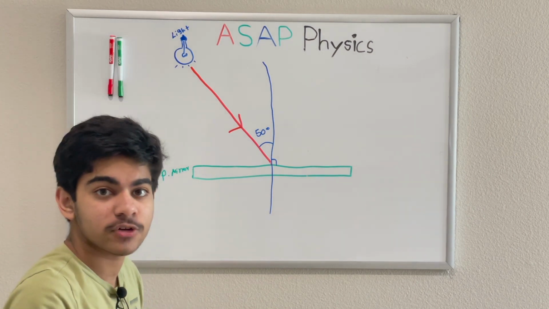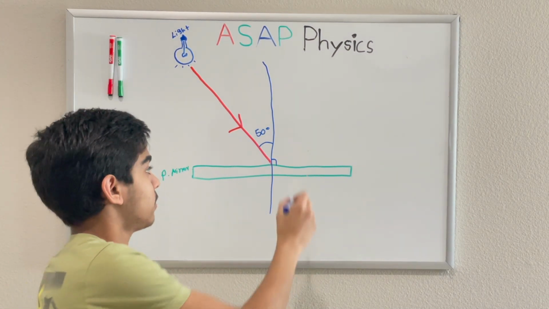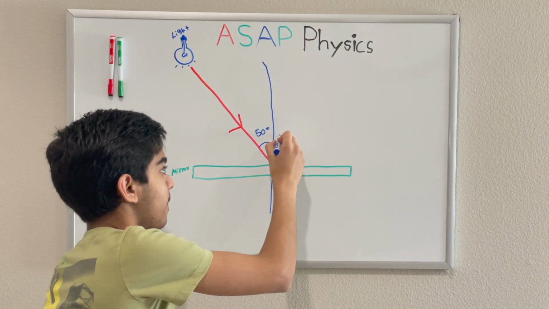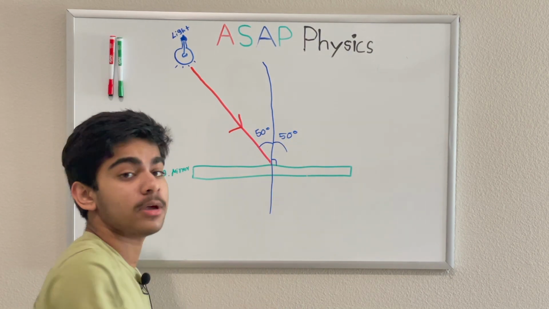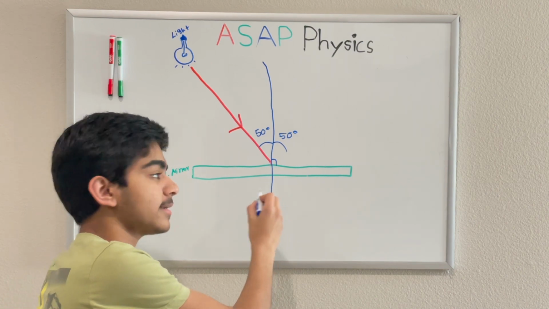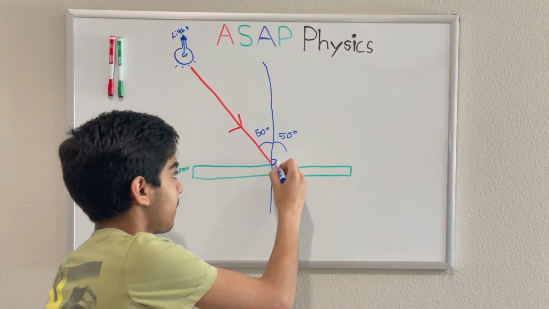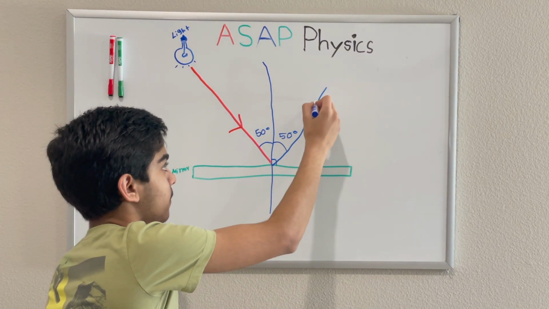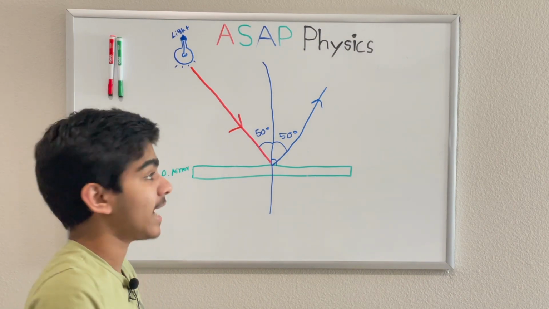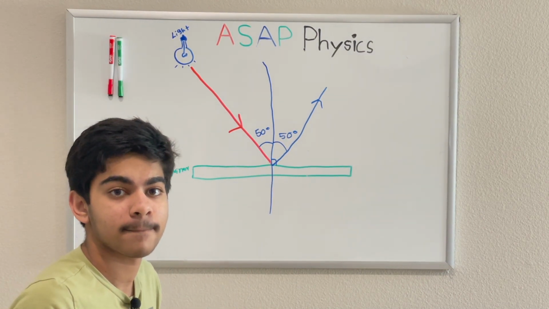After finding the measure of this angle, I would then add this angle to the other side of the normal. Now, the final step in order to find the reflected ray is to connect the point of contact to the angle, and that would be my line of reflection. Always remember to add the arrow head to show that the reflected ray goes on forever.